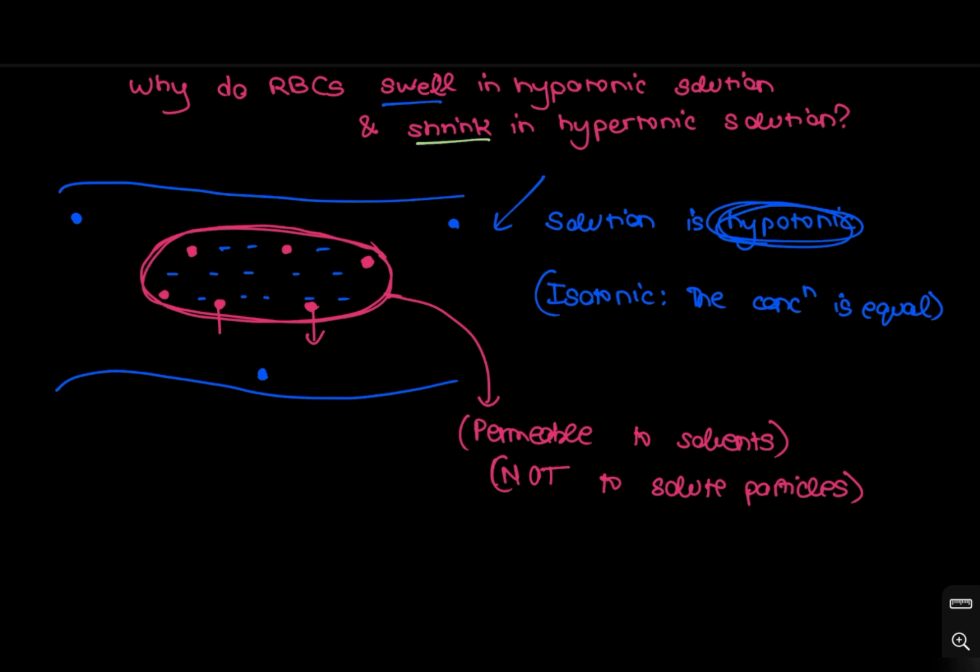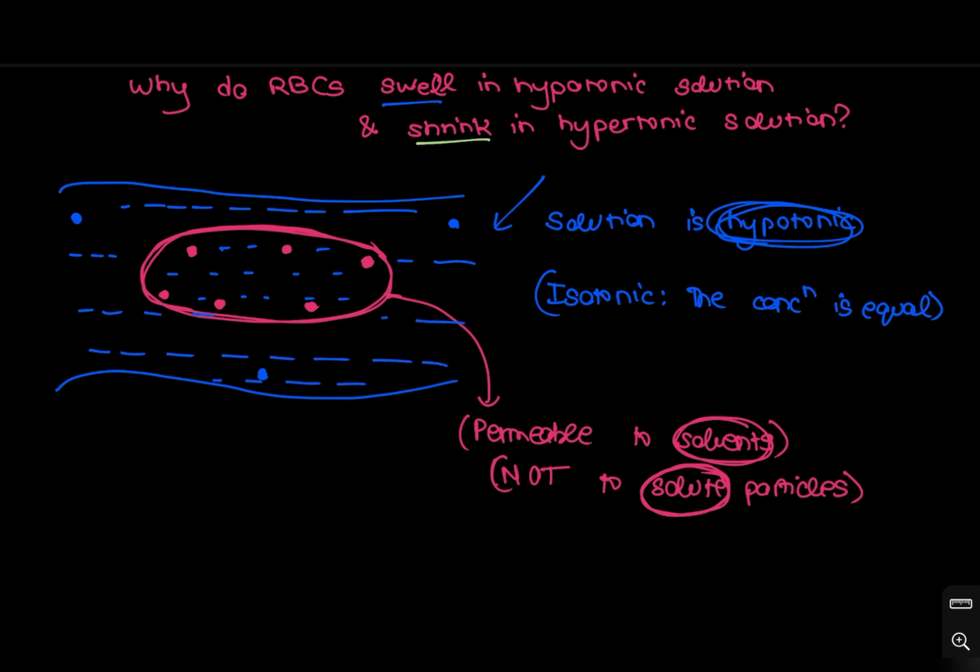But in this case, as we have said, solute particles cannot pass through this membrane, and solvents can, which means there is a way for this entire system to maintain its isotonicity, and that is by transfer of the solvent. So let's say this is the solvent inside the hypotonic solution, and of course there is way more solvent inside this as compared to the RBC.